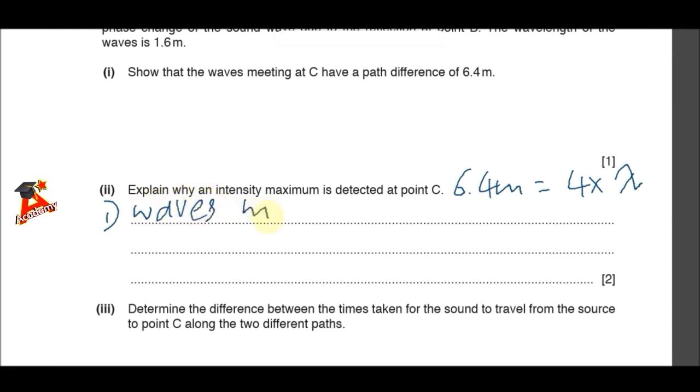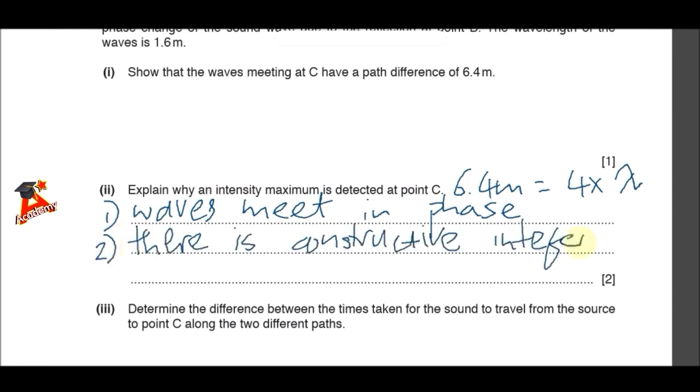And 2, we say that there is constructive interference there. So that's what we do to get those 2 marks.